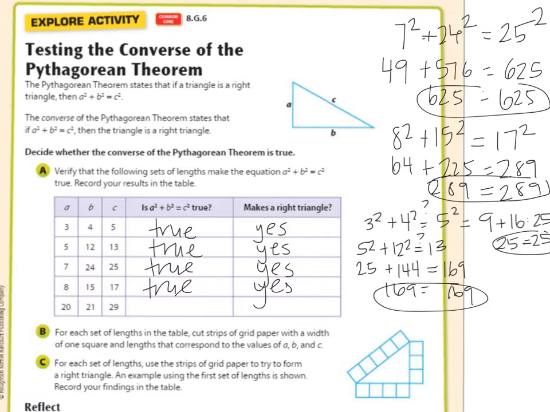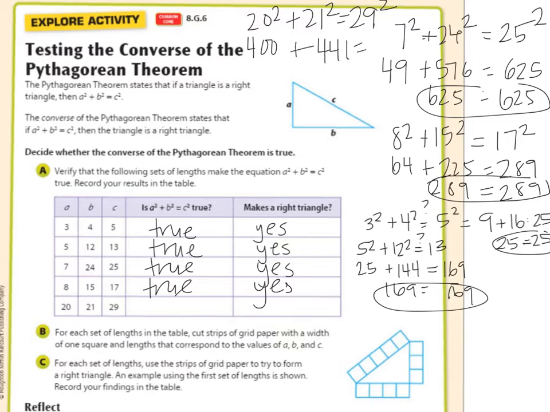And then our last one, we're going to find some space here. 20 squared plus 21 squared equals 29 squared. So 20 squared first. 20 times 20 is 400, plus 21 squared, which is 21 times 21, 441.